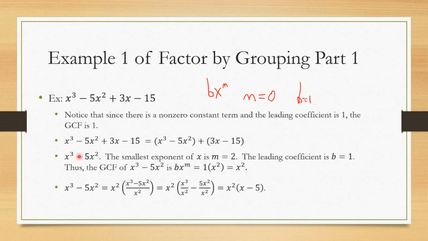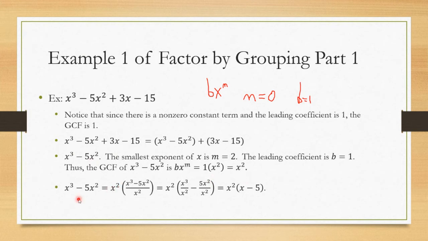So just like up here, the b is 1, the greatest common factor among the coefficients is 1. So b is 1. The GCF then is 1 times x squared, which is x squared.